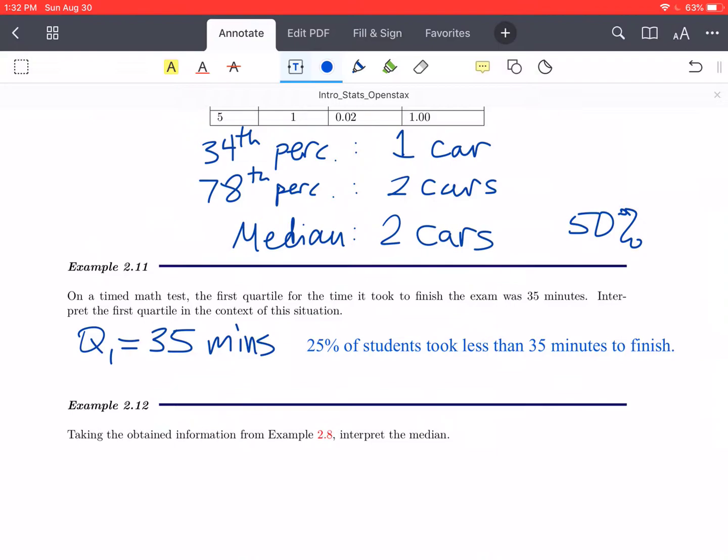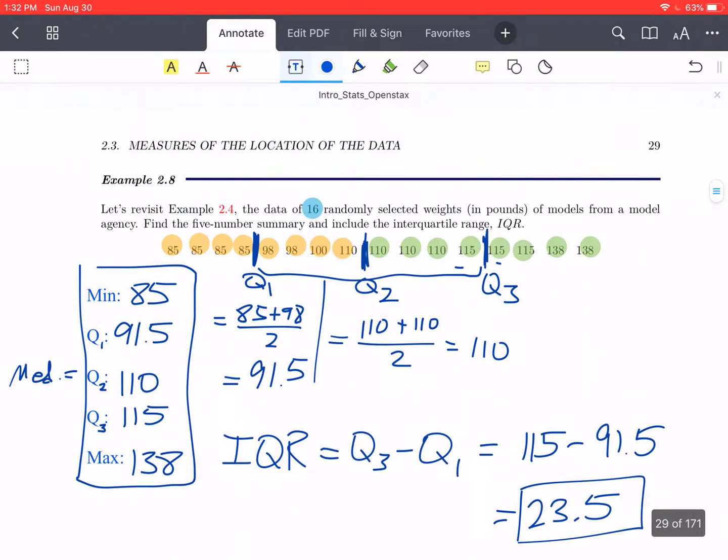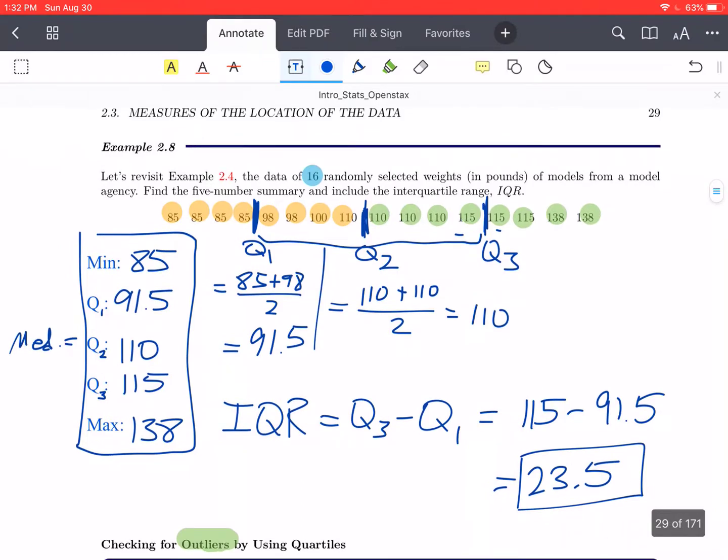And then for the next example, taking the obtained information from 2.8, interpret the median. So example 2.8, that was the weight example. So go back up here. That was this one. So interpret the median. The median we got was 110.